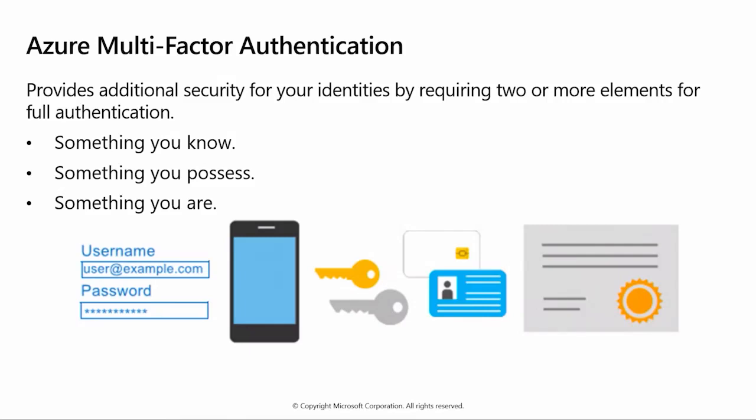So an example of multi-factor authentication can be when I log into my Azure portal as a Microsoft employee, it asks not only for my username and password, but then it's going to send a notification to my phone. And then since I have my mobile phone set up, I have to log into my phone and validate, yep, this is me attempting to log in.